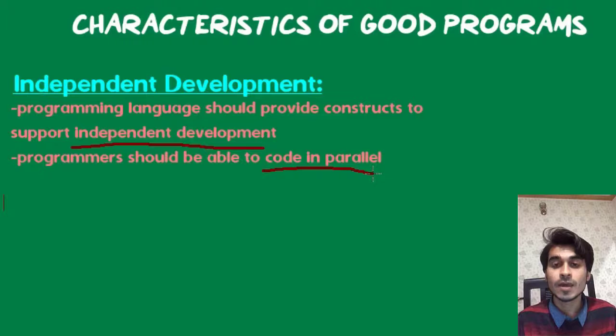For example, each programmer can be assigned a number of functions and they can code in parallel. Different programmers would work on different functions and all contribute to one big project. So this is what is meant by independent development.